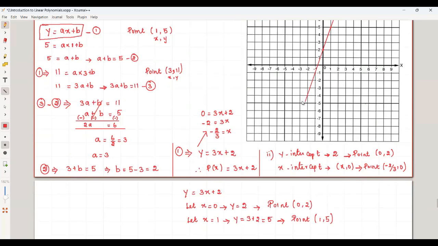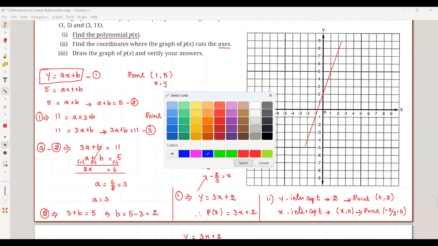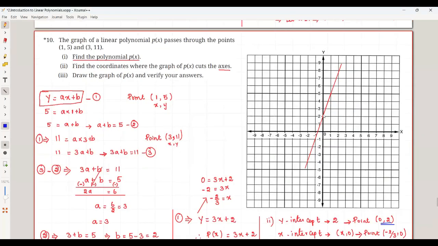Now we have to check whether these points are lying on the same line. 0 comma 2, where is it? We have drawn 0 comma 2, right? This is on the same line. Next, minus 2 by 3 comma 0.